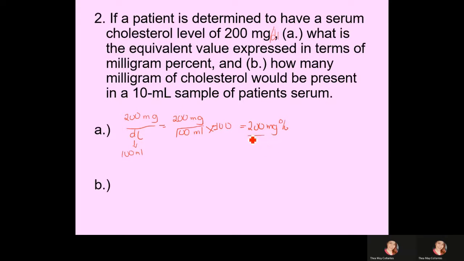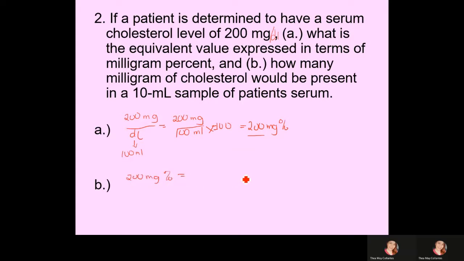So with this 200 milligram percent cholesterol, you are being asked in question B, how many milligram of cholesterol would be present in a 10 ml sample of patient's serum? Actually, you can use ratio and proportion, but we'd rather use this one so that the method is different. So we have 200 milligram percent already.